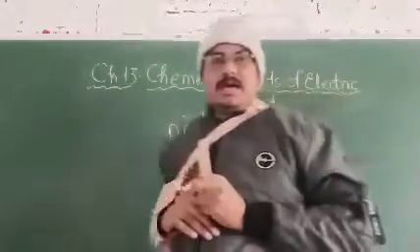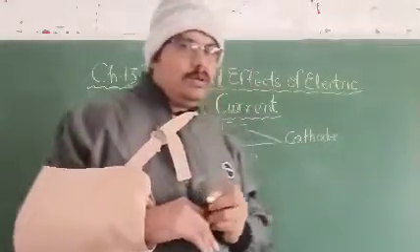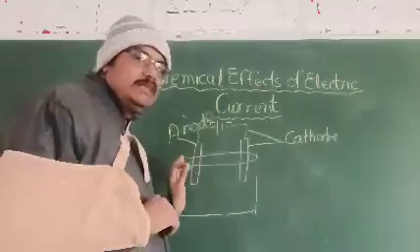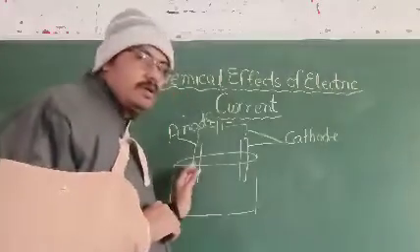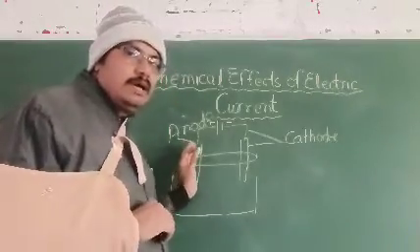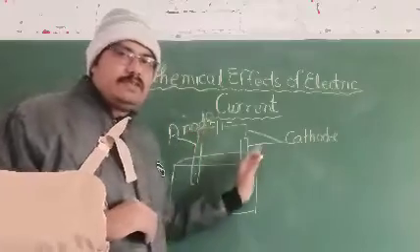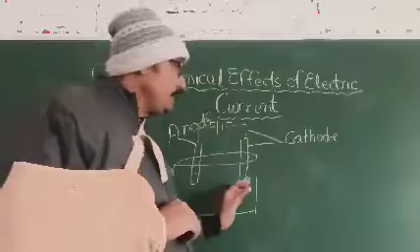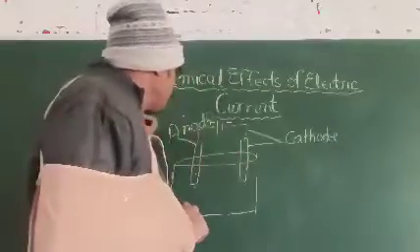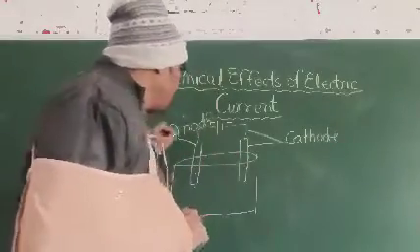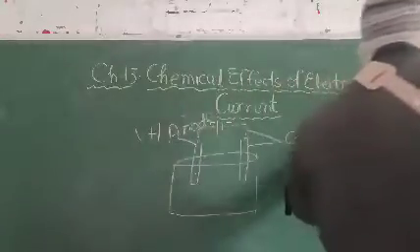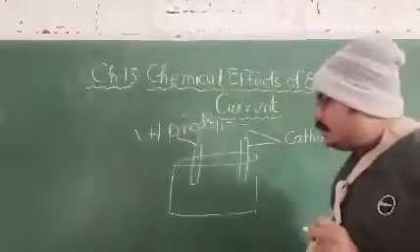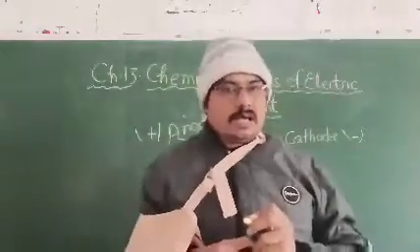Okay, students, anode and cathode. Anode means the one connected to the positive, and cathode means the one connected to the negative.